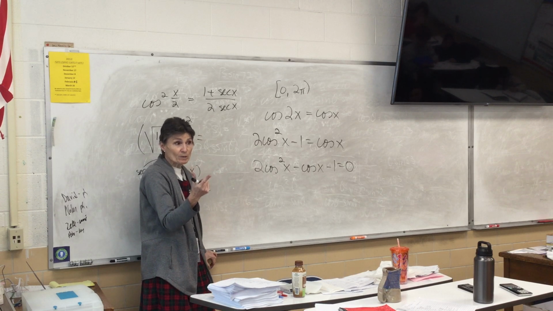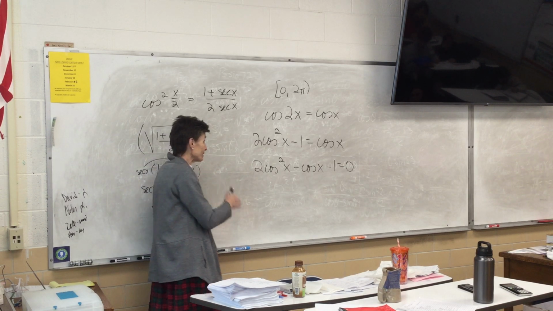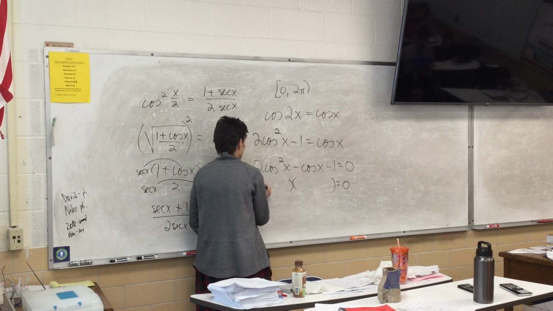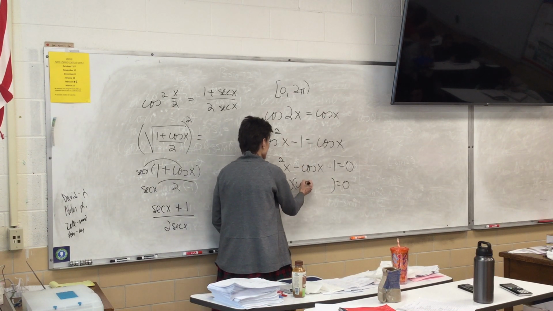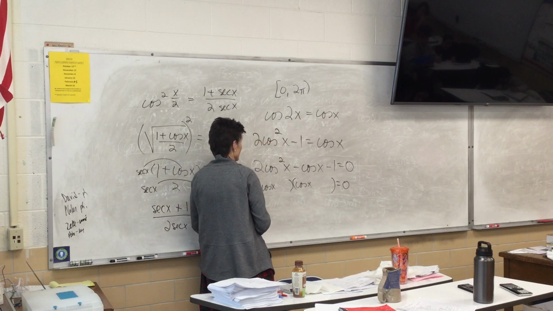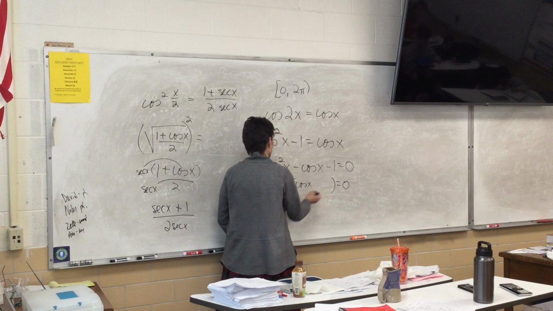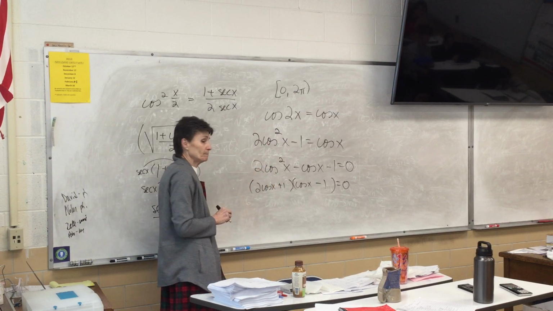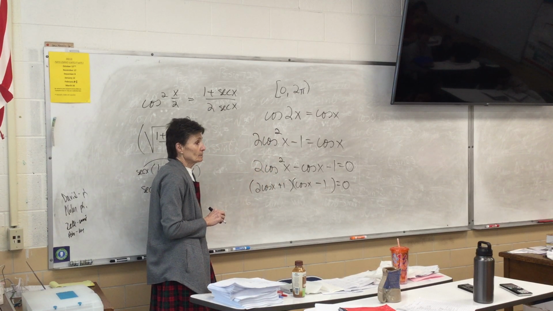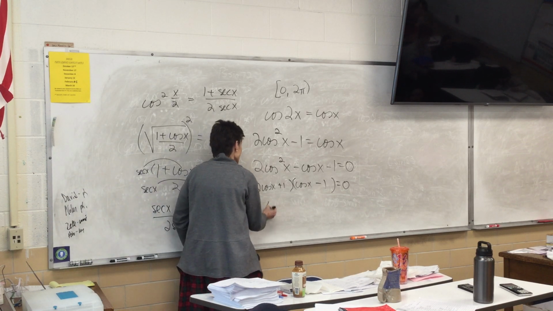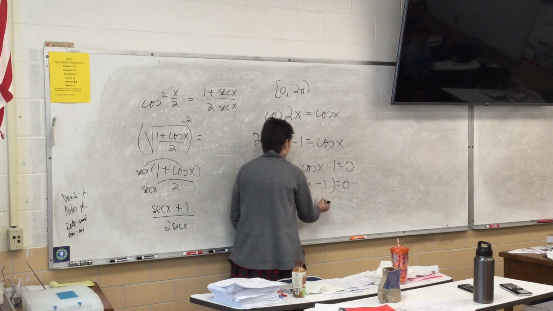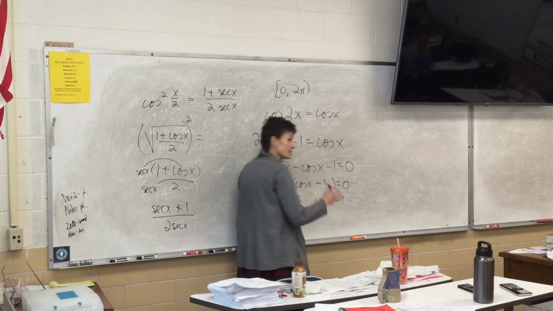We factor them or we use the quadratic formula. I think this one factors. So 2 cosine and cosine, and plus 1 minus 1. I think you're right. Let me do a quick double check there. Yep, you're right. So that means that cosine is negative 1/2, or cosine is 1.